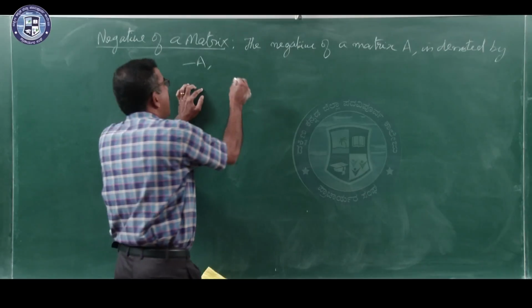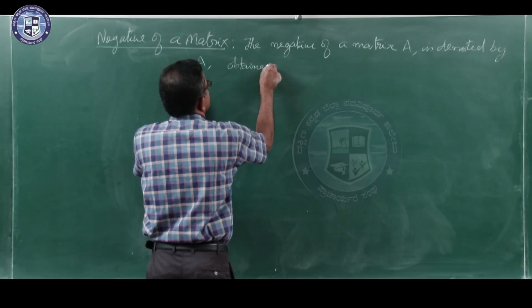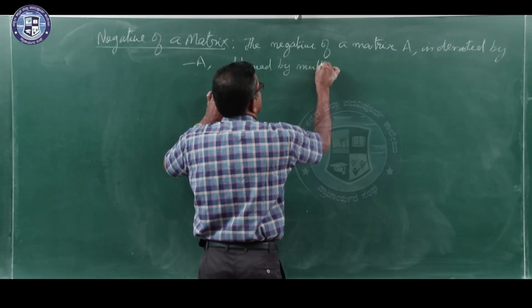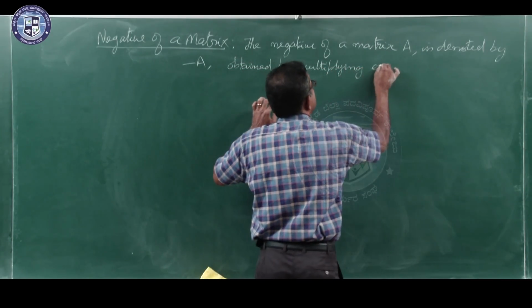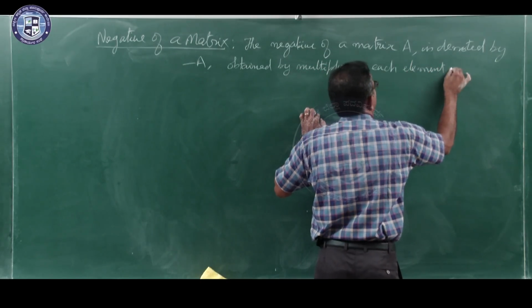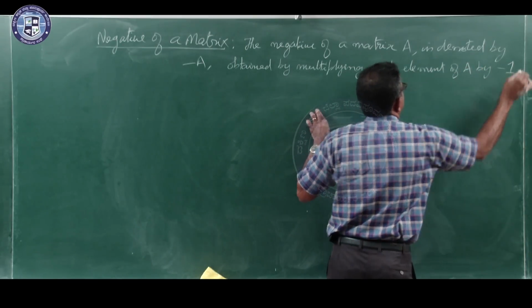Minus A, and is obtained by multiplying each element of A by minus 1.